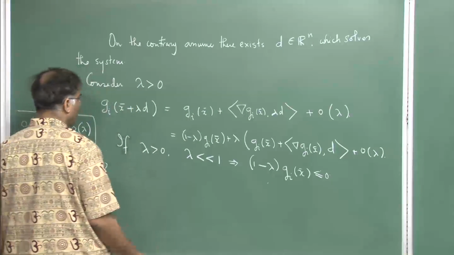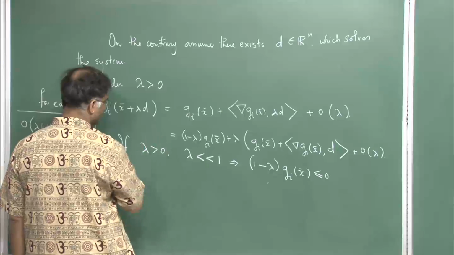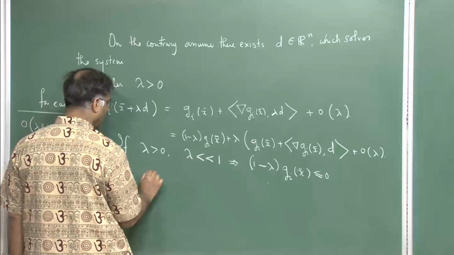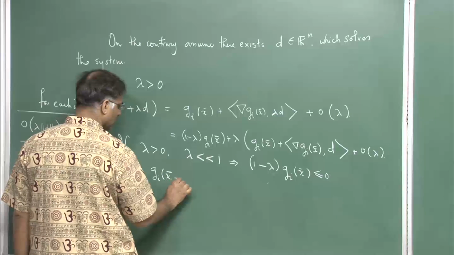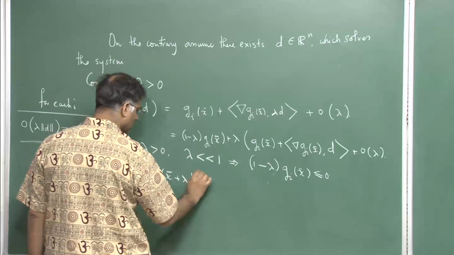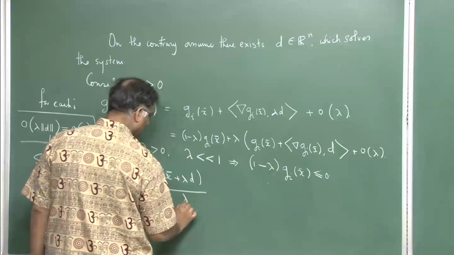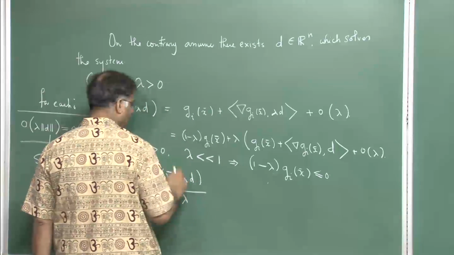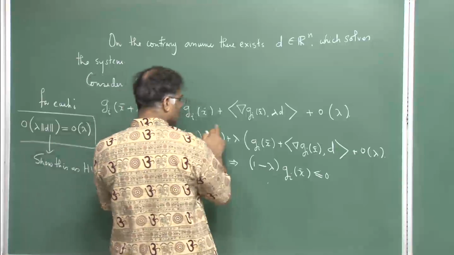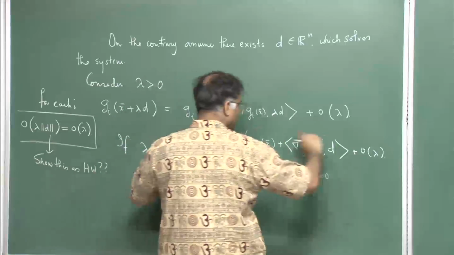So what I have from here is the following. From this equation I am writing this. Because this term is less than or equal to 0, the whole thing is now less than this part.